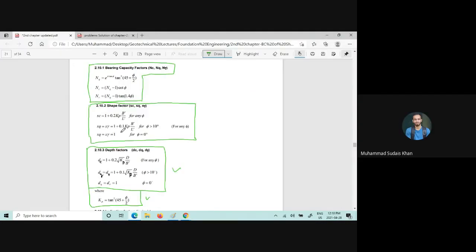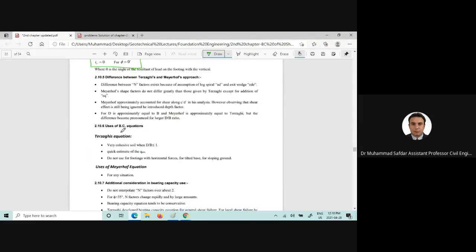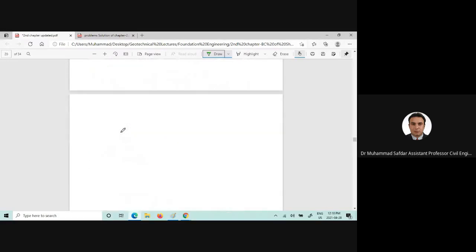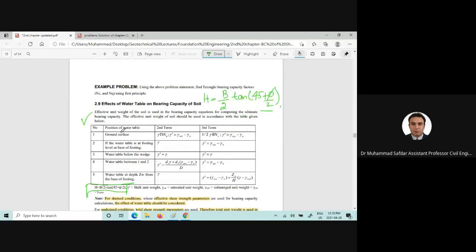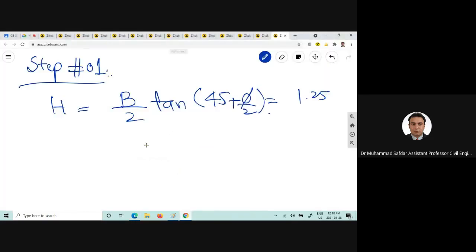सर सेम आ रही है. Okay, let me confirm. This is the equation which we are going to use to find out this effect, okay? Then we are going to compare it. 1.76.